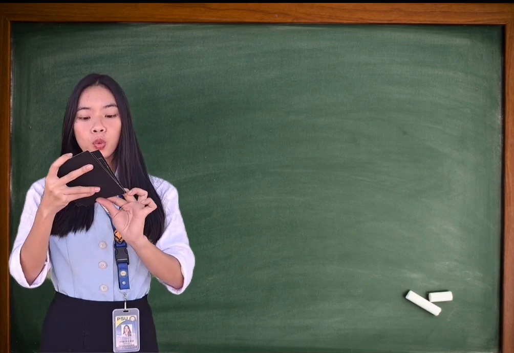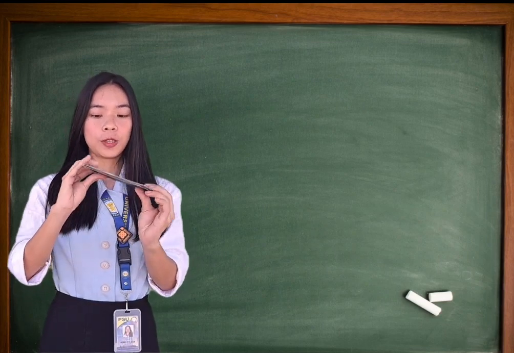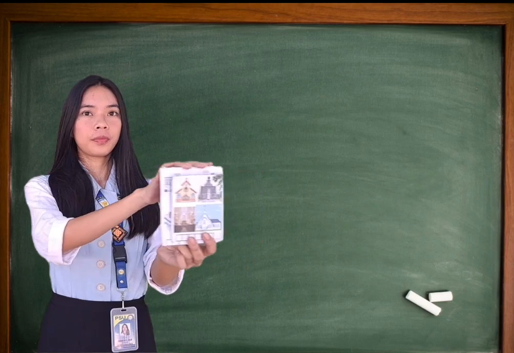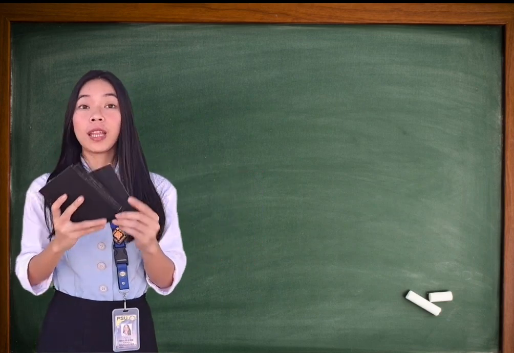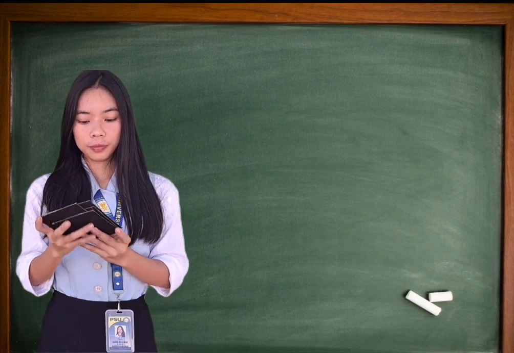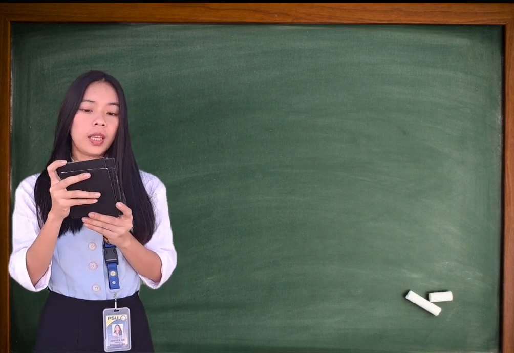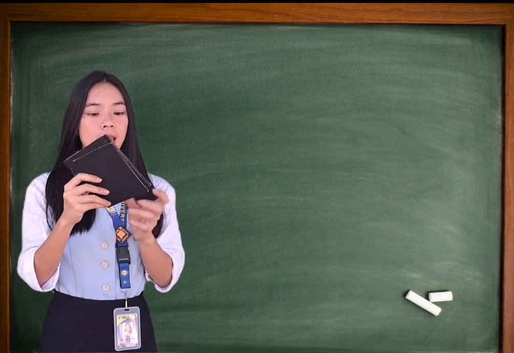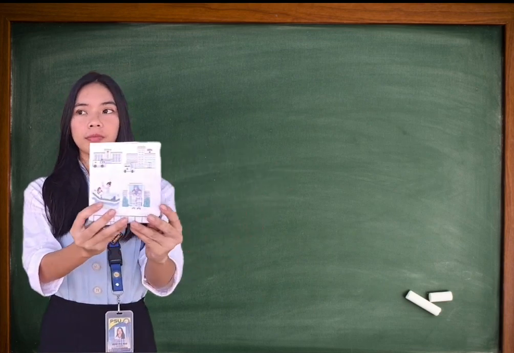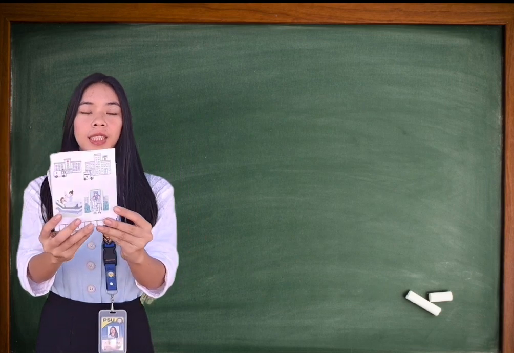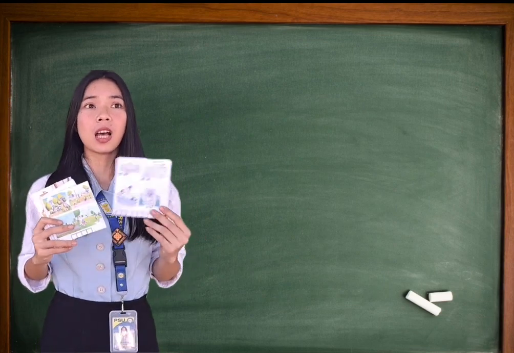For number 2, this is also 6 letters. Okay, 3, 2, 1. Very good. This is church. Number 3 is 8 letters. Okay, very good. This is hospital.